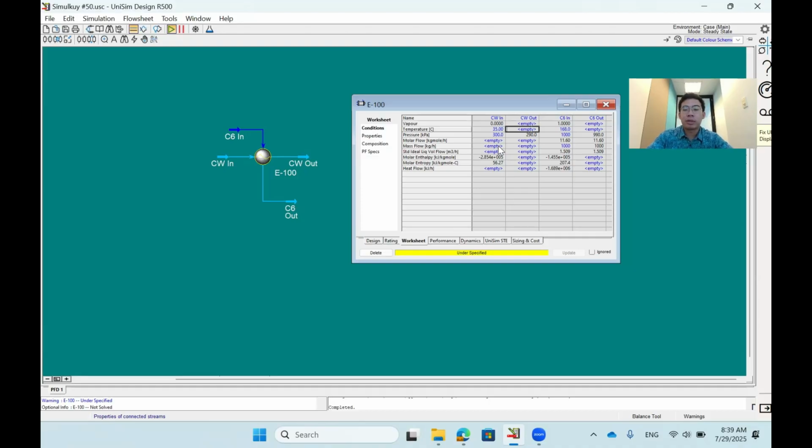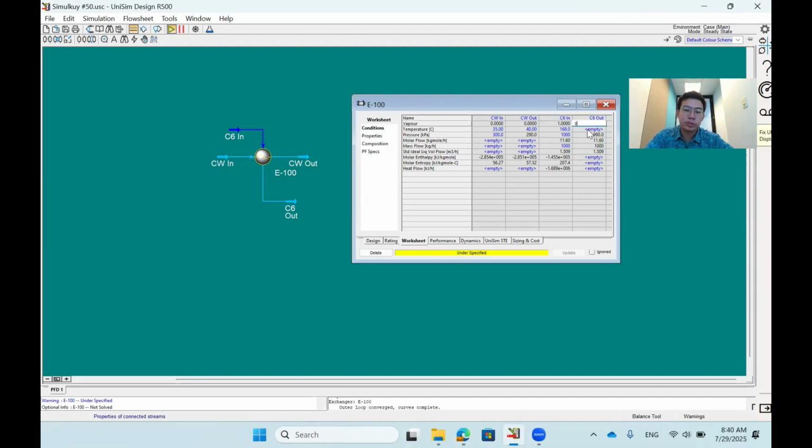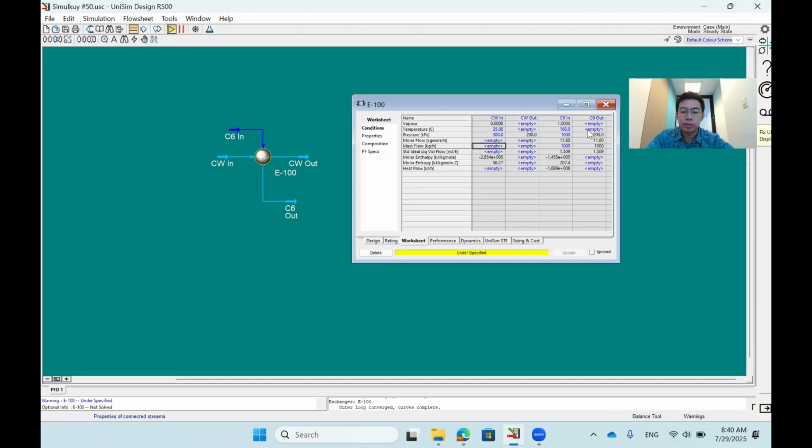For example, the rise of the cooling water becomes 40 Celsius and the C6 out becomes 120. Then it will calculate how much mass flow is needed. Or if we delete this and specify 0 for saturated liquid, we can also calculate how much mass flow is needed. Okay, so I will put this back and put this as 1000.